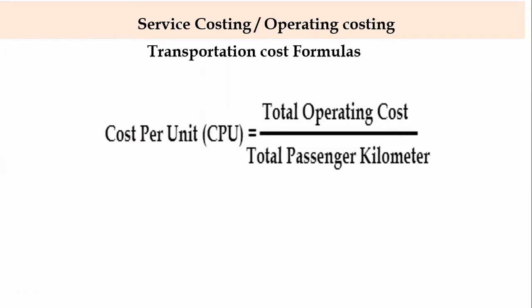First we have to calculate this total passenger kilometer, then prepare the cost sheet to arrive at the total operating cost, and to calculate cost per unit, this total operating cost will be divided by total passenger kilometer. So we follow three steps. First calculate total passenger kilometer, then prepare the operating cost sheet, lastly prepare cost per unit. This is how we do the problems relating to operating costing.